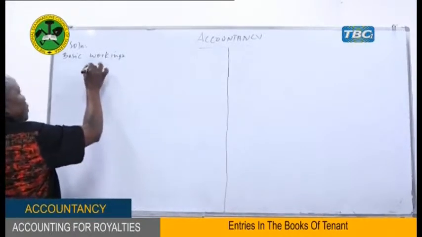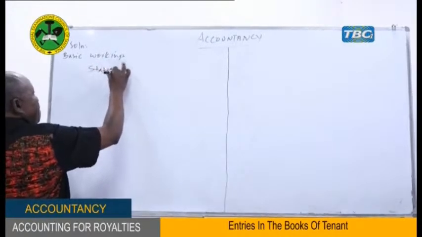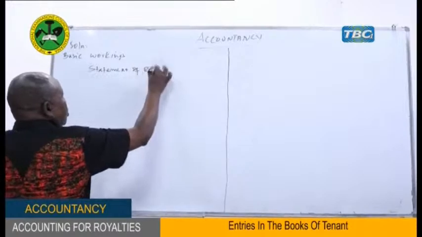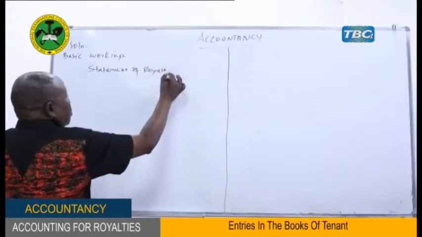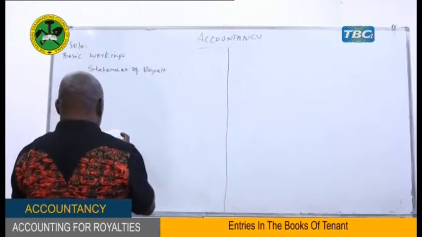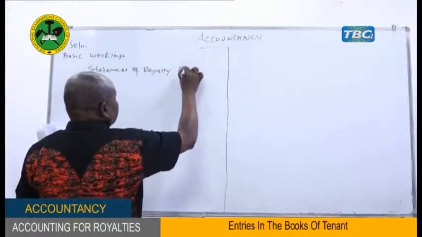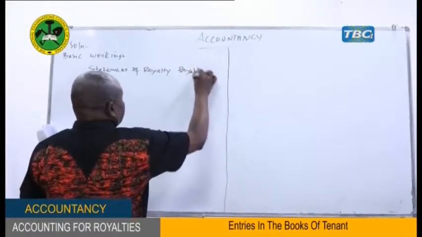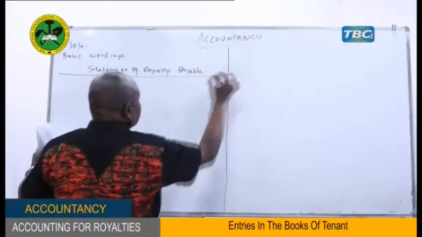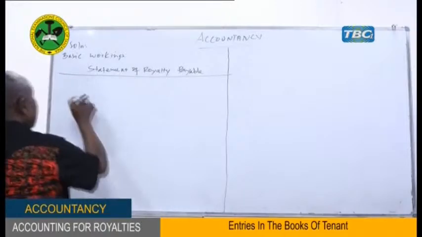So we have a statement of royalty payable. In this table, we'll have the column for year.